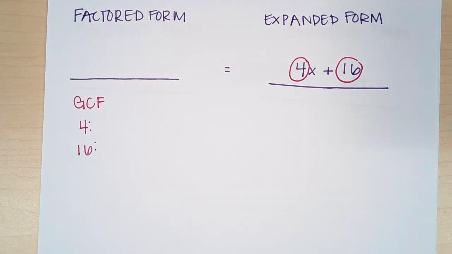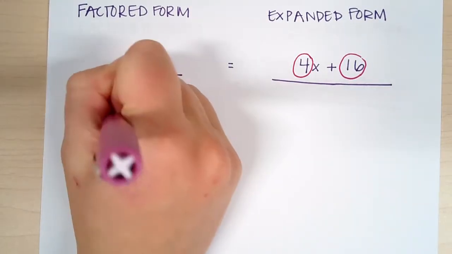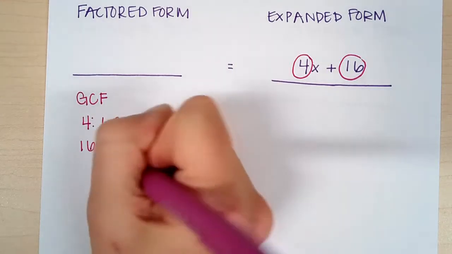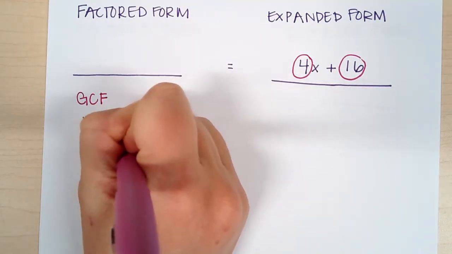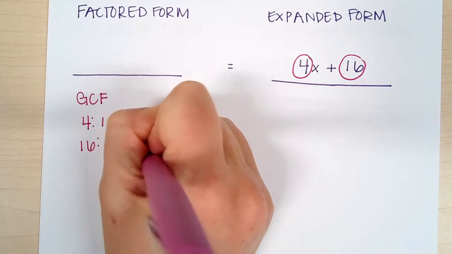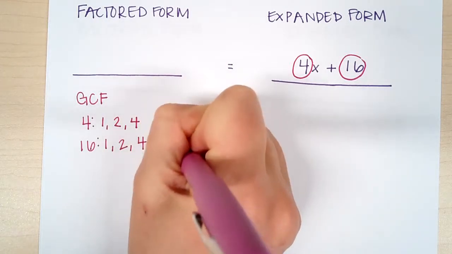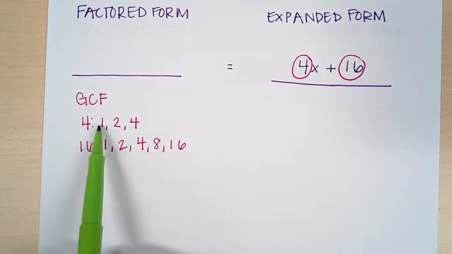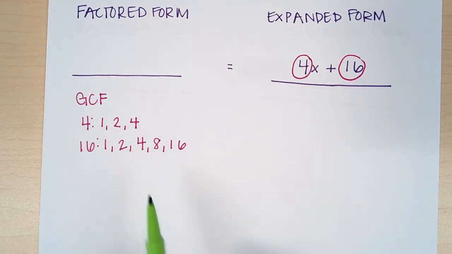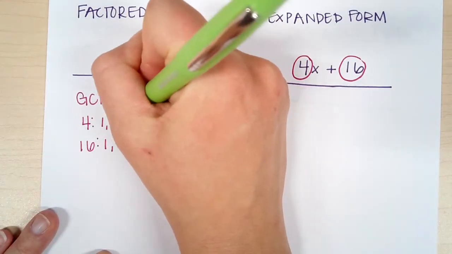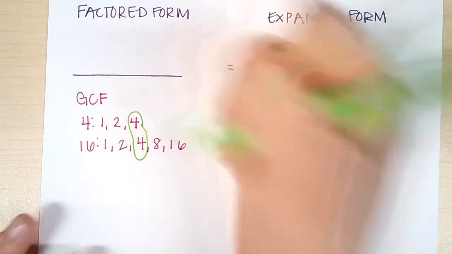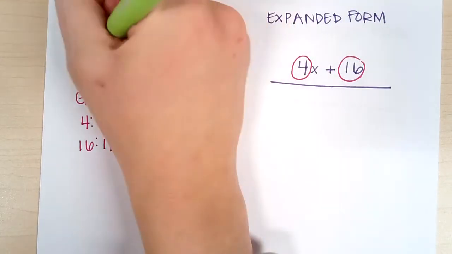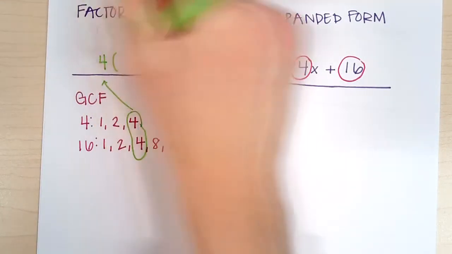So the factors of 4 are 1, 2, and 4. The factors of 16 are 1, 2, 4, 8, and 16. Now, although these two numbers have 1, 2, and 4 in common, we want to get that greatest factor to pull out. So from here, that's going to go outside of our parentheses.